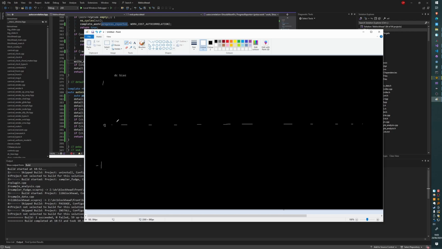So this is called DC bias when it's not on the center like that. But you can cancel the DC bias, and if you go on the internet and look up how to correct or cancel the DC bias.